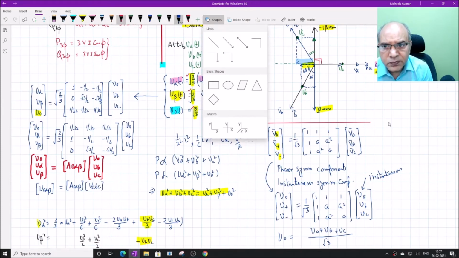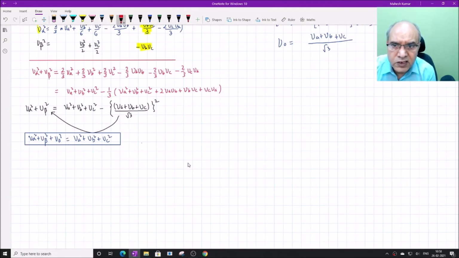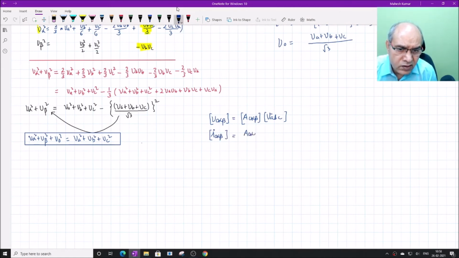In the same way we can express the current also. So what we have done till now, we have expressed V0 alpha beta as A0 alpha beta into VABC, and therefore we can also express current I0 alpha beta equal to A0 alpha beta, the same matrix will come here, into IABC.